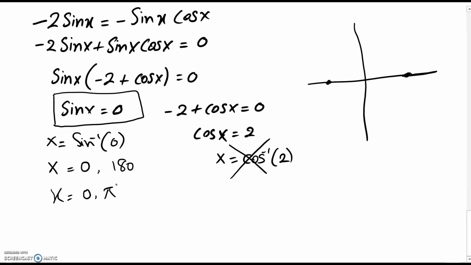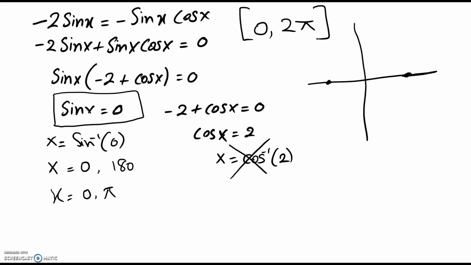Now for this question, we are not writing the x values in nth form, because the interval is only from 0 to 2 pi, and from 0 to 2 pi, sine x is 0 only at 0 and pi.